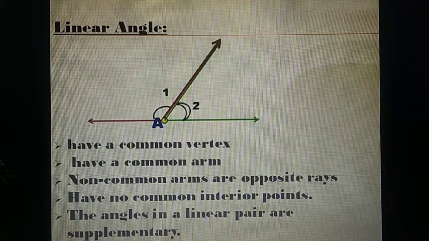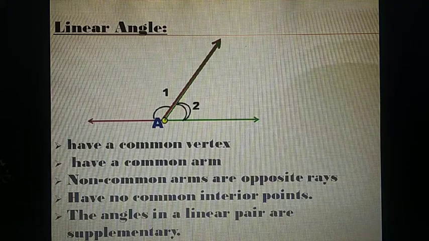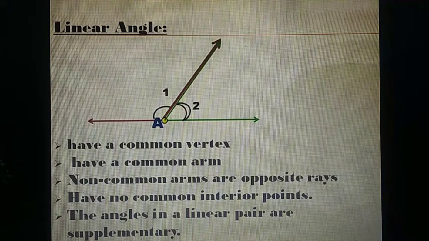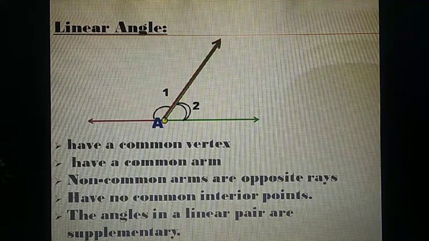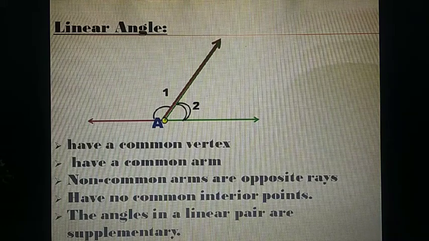The only condition that differs is of supplementary. In linear angles, the sum of both the angles is equal to 180 degrees. Or we can say that the angles in a linear pair are supplementary, as the non-common arms are forming a straight line.